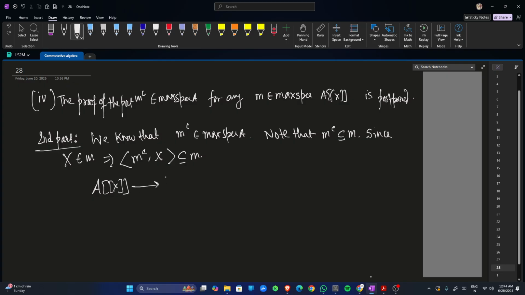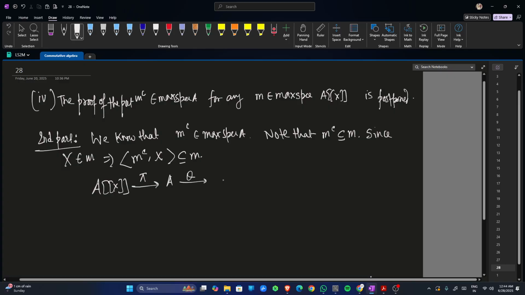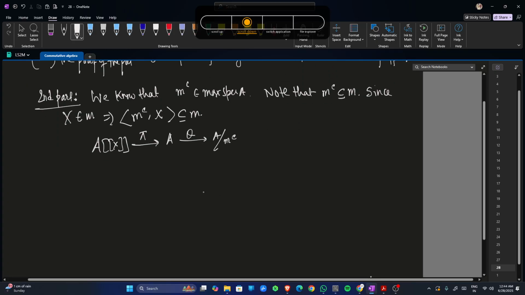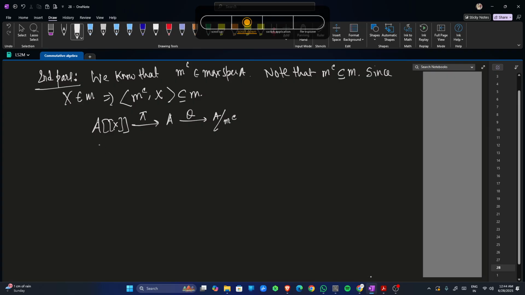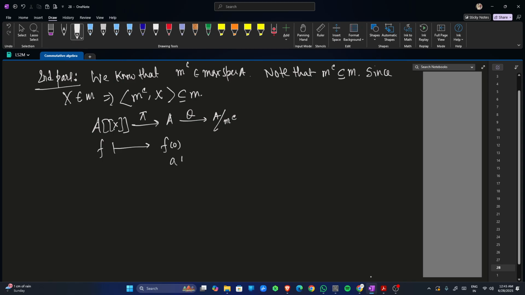First of all, give a morphism, say pi, from A[[x]] to A, and then theta from A to A/m contraction. What is the map? F goes to F0, and then take any a and send it to a plus m contraction.